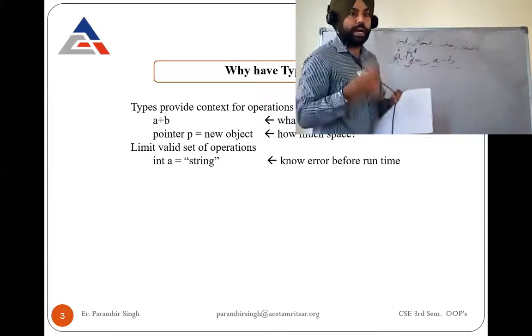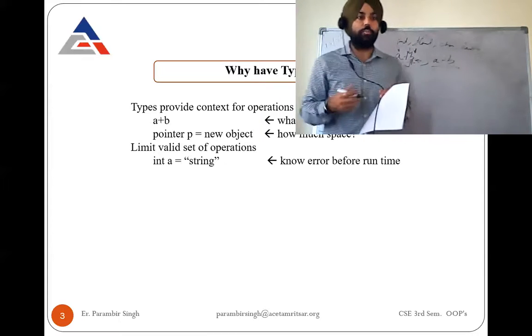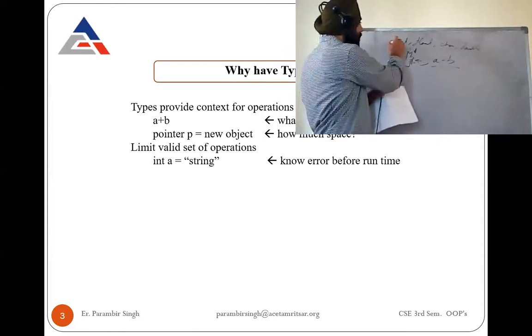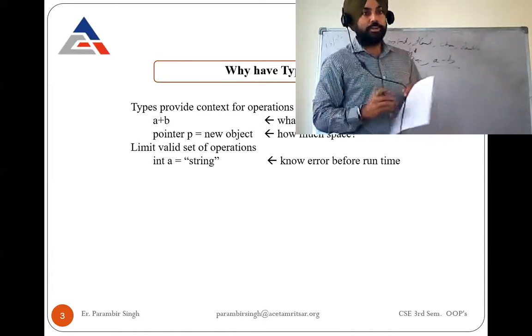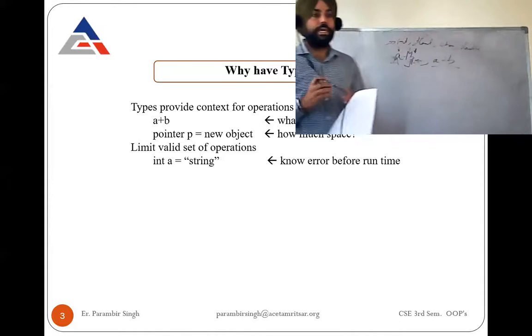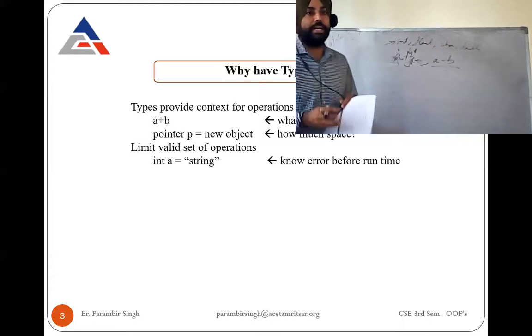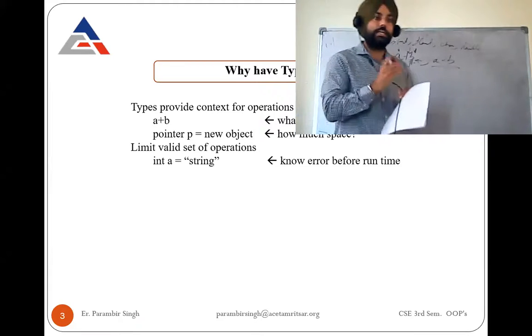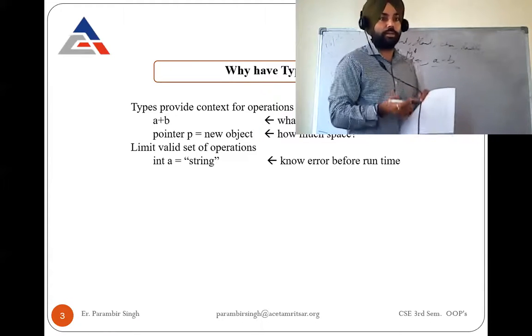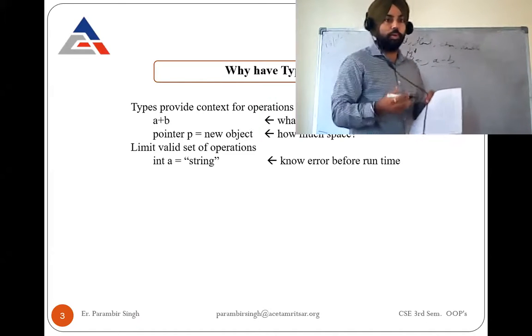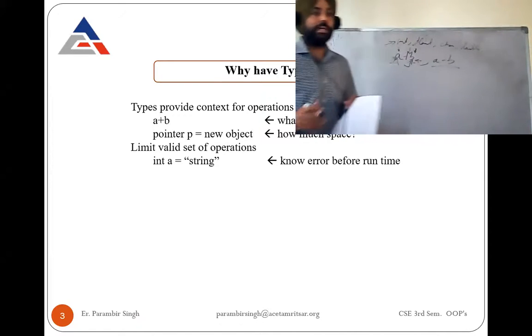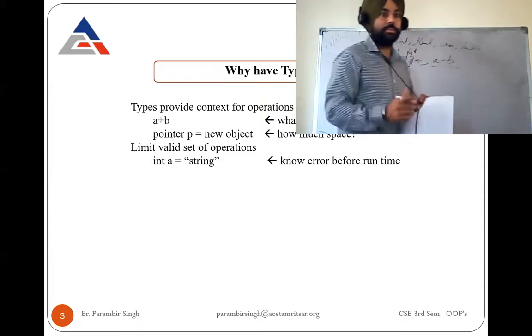But what kind of addition we want to apply, that is called the data type. There is a limit for each and every data type, a maximum size that can be entered in the case of integer, float, or character.